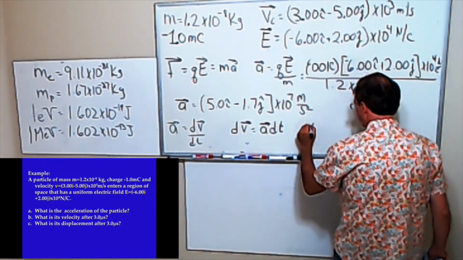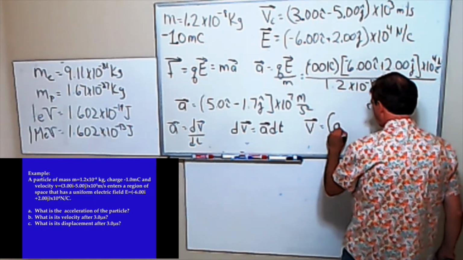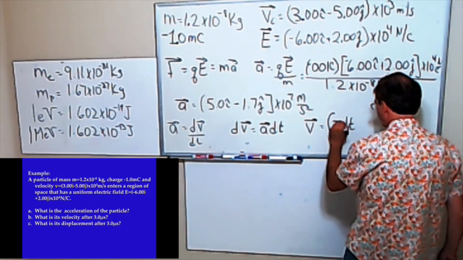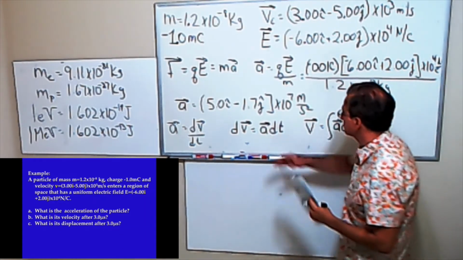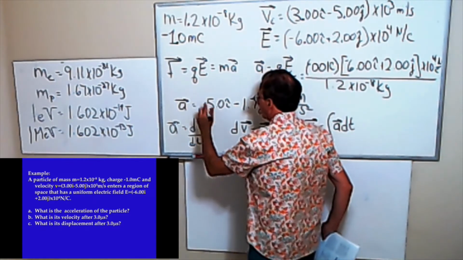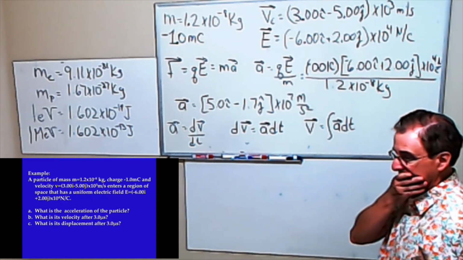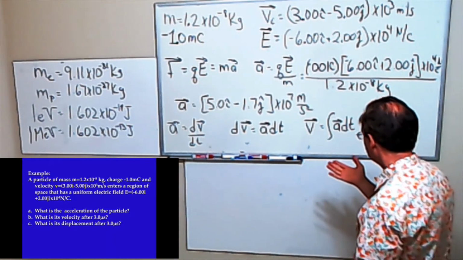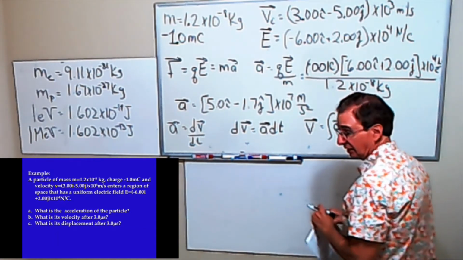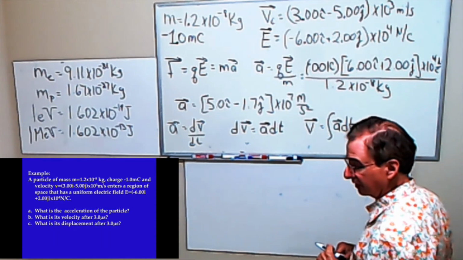So then v is the integral of a dt. So all I have to do is integrate this with respect to time, and I'll get my velocity. Of course, I have my constant of integration too.